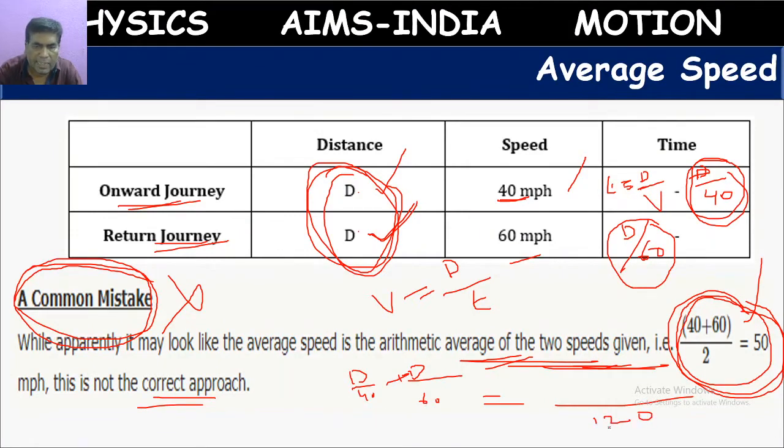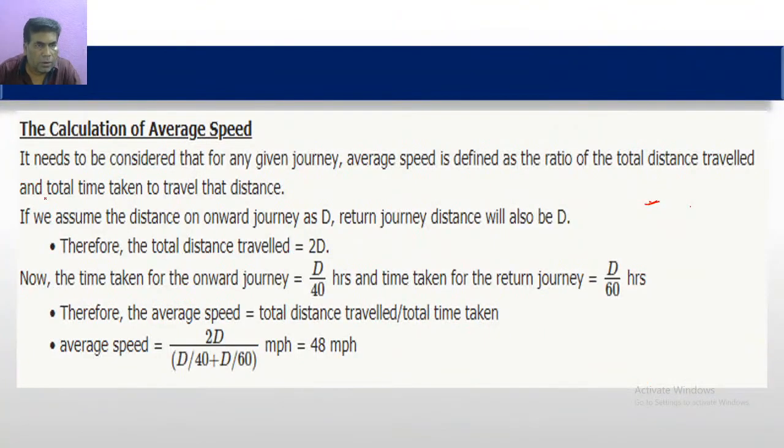For 40 and 60, the LCM is 120. 40 3s are 120, so 3d. 60 2s are 120, so 2d. 3d plus 2d, 5d by 120. After cancellation, total time is d by 24.